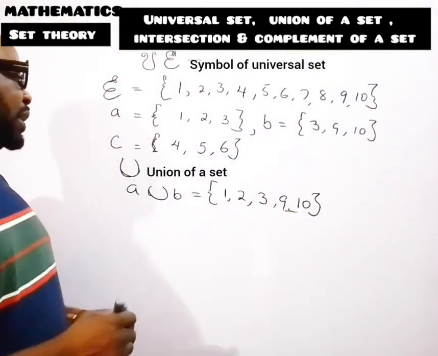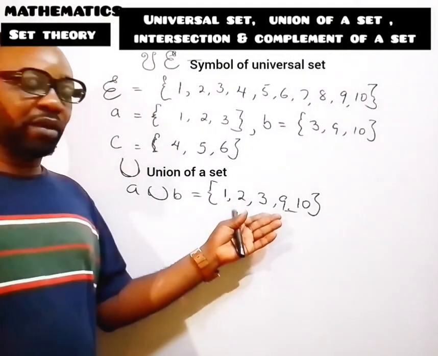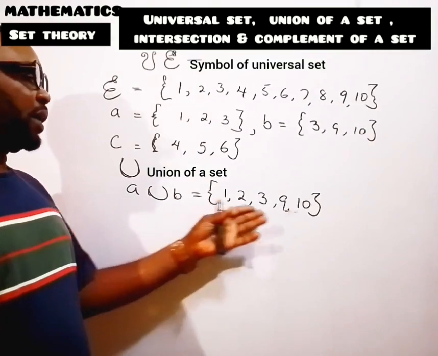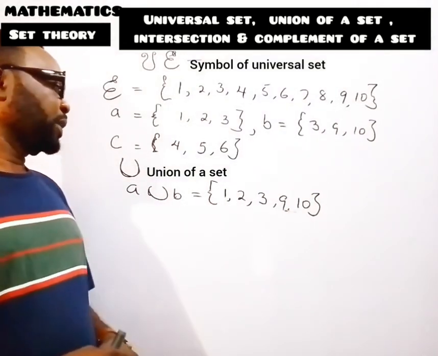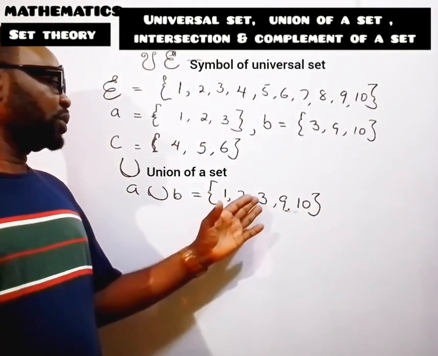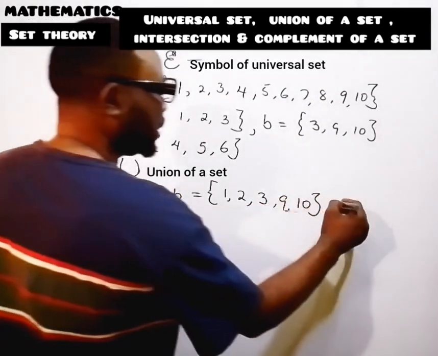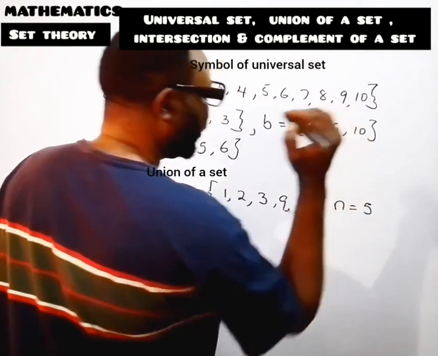This is the elements of A union B. And if you look at this set that we have here, if I ask you what is the number of elements of this set, you'll agree with me that it is 1, 2, 3, 4, 5. So, the number of the set, n, is equal to 5.